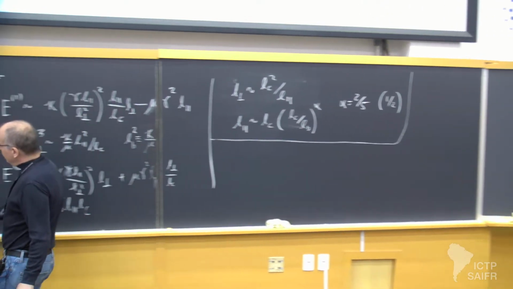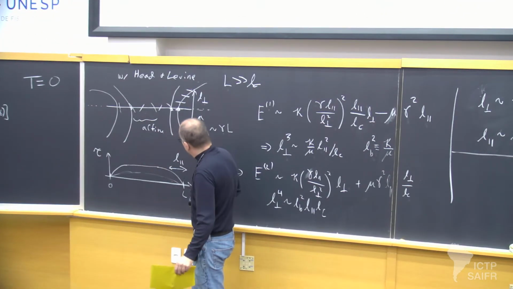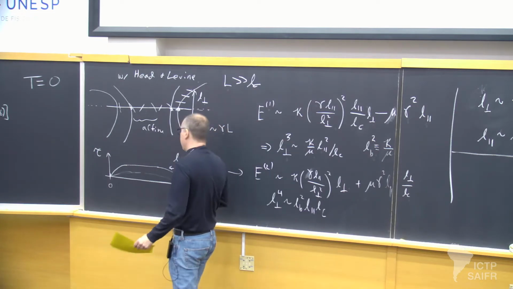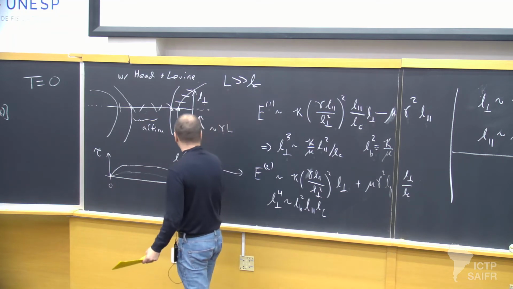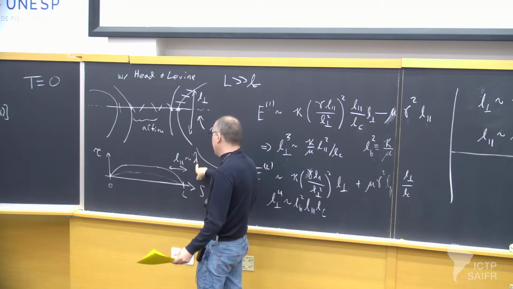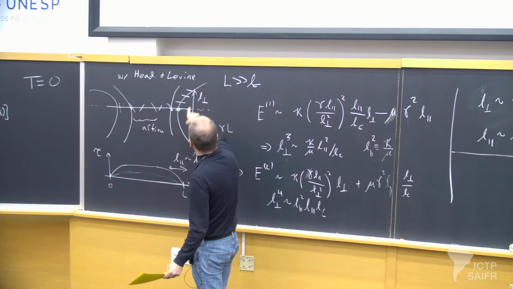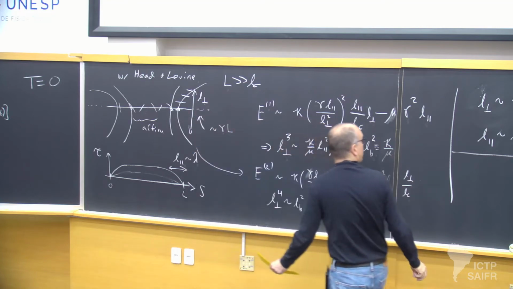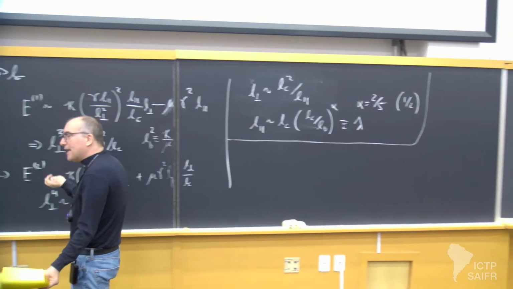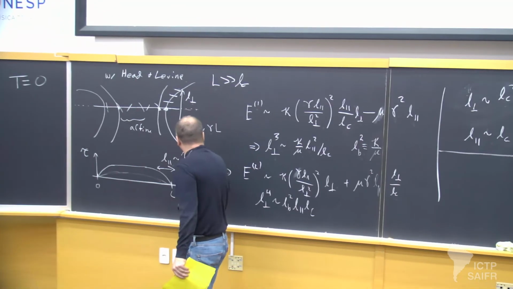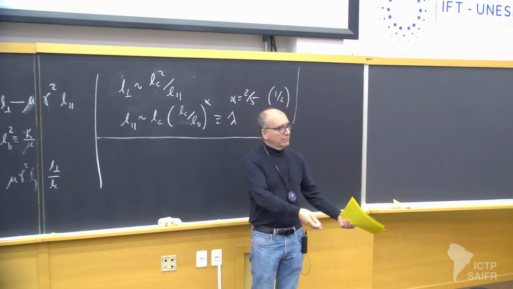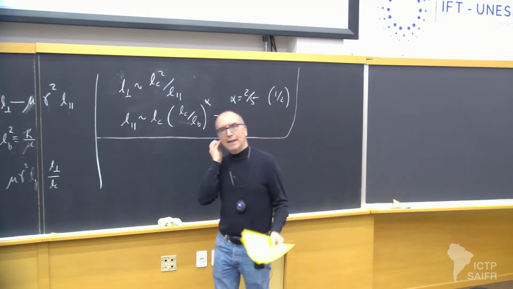Let me just say, in what follows, because some of the plots I'm going to show you use a different symbol for this, and because this is really a very important length scale that comes out, I'm going to call it lambda, rather than distinguishing longitudinal and perpendicular. So this I'll define as lambda. It's a non-affine length scale, so I could put a little NA on it. And it's an emergent length scale that comes out from the collective properties of my network, okay?